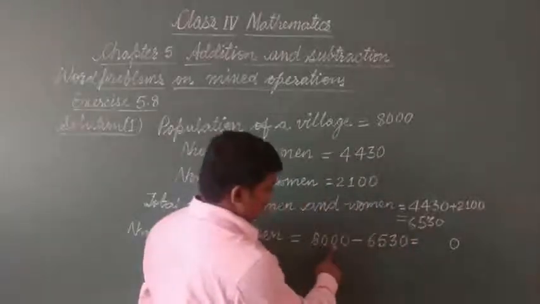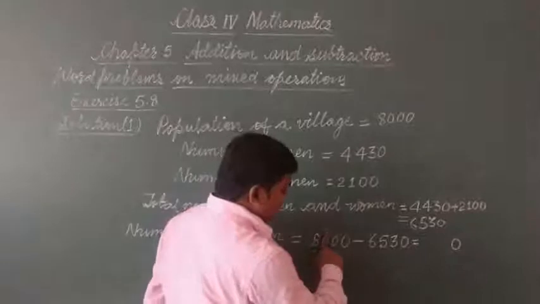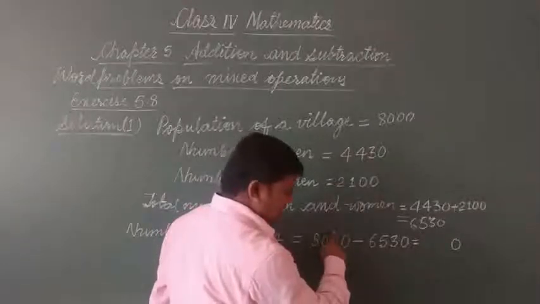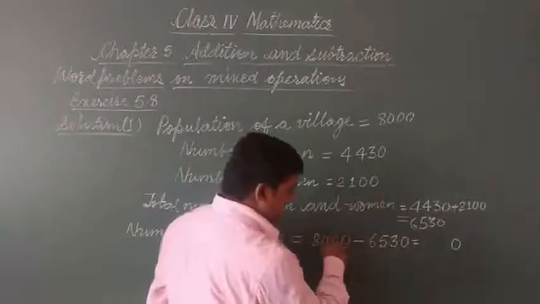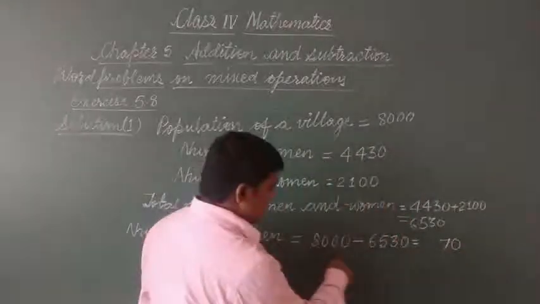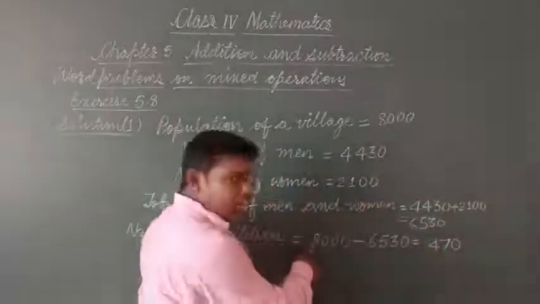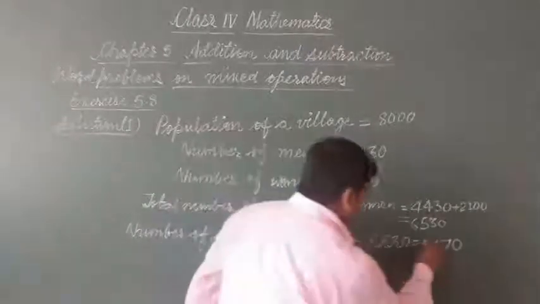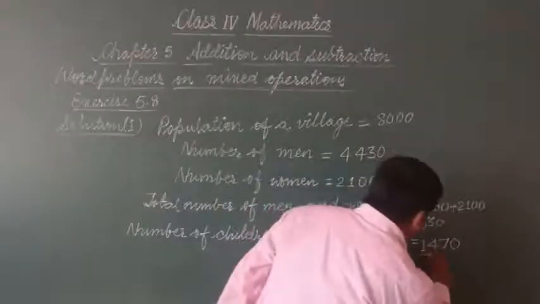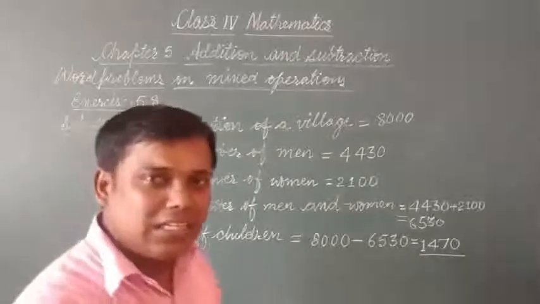Then 0 minus 3, it will not be subtracted, then we take borrow from here. So it will become 10, then we take borrow here, it will become 10, it will be 9 left now. So 10 minus 3, 7. Here it will be 9, 9 minus 5, 4. And it will be left 7, and 7 minus 6, 1. So 1,470 children are there in the village.